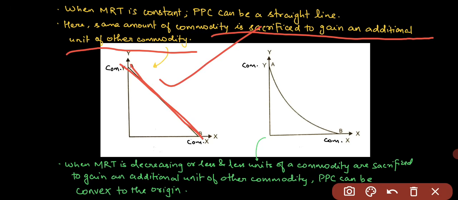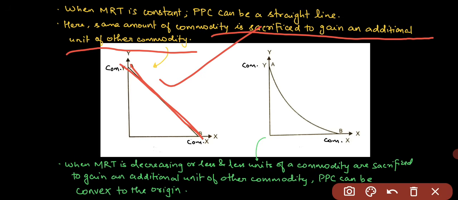Yes, it can be a straight line. Generally, it is not; the general shape of the production possibility curve is concave and downward sloping, right? But in some cases, when we are losing the same unit of one commodity for gaining a unit of the other, there is a straight line production possibility curve.